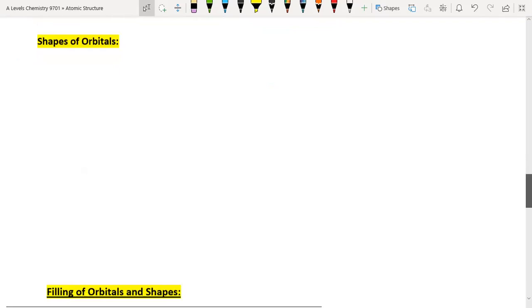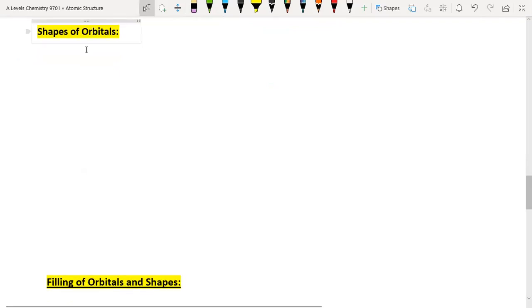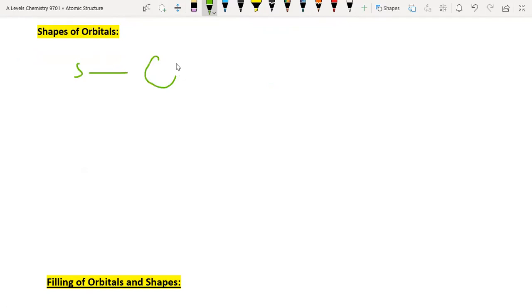As we have discussed 4 different types of orbitals, that is S has spherical shape and is drawn like this, like a spherical ball, sphere.